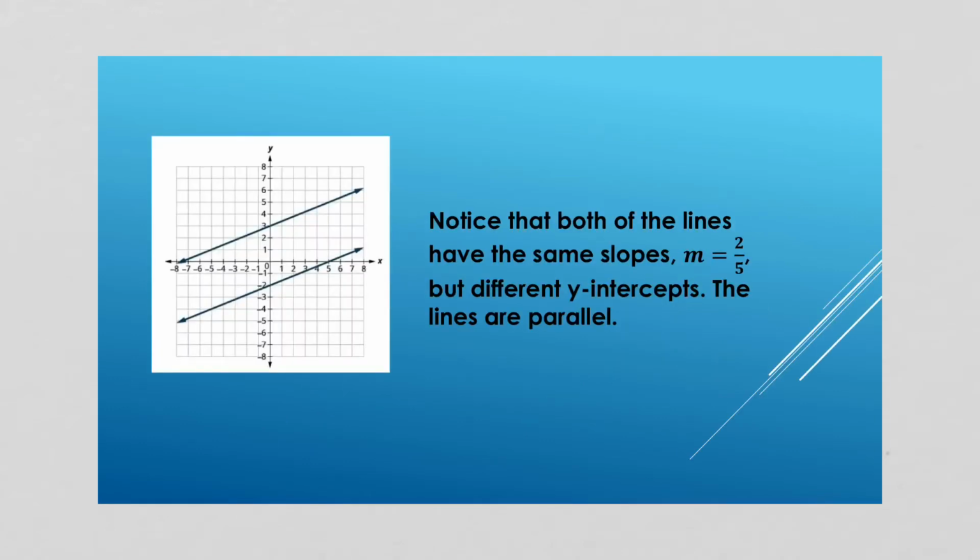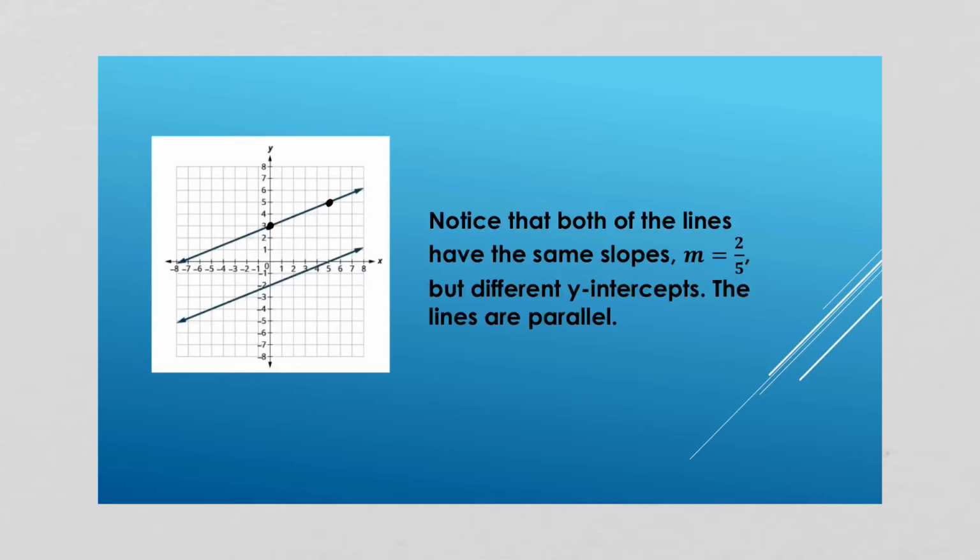All right, so check out these two lines. Now, they both have the same slope, so let's look at that. Let's count. If I put a dot right here and I put a dot right here, I could count from here to here. So I would go up 1, 2, and then to the right 1, 2, 3, 4, 5.